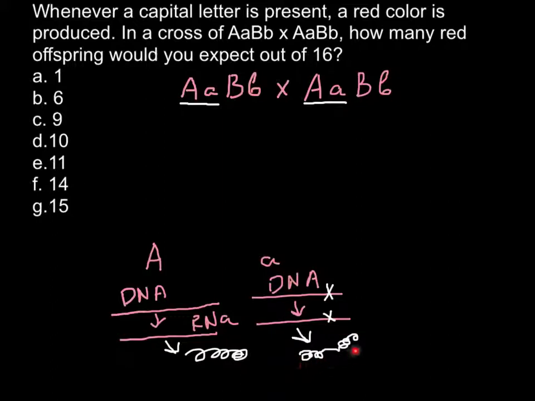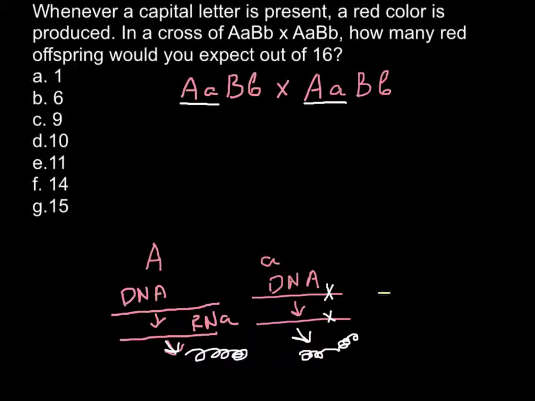So you see, these two proteins would be different because of this mutation. And in order to produce a red pigment, we need both genes A and B to be normal.